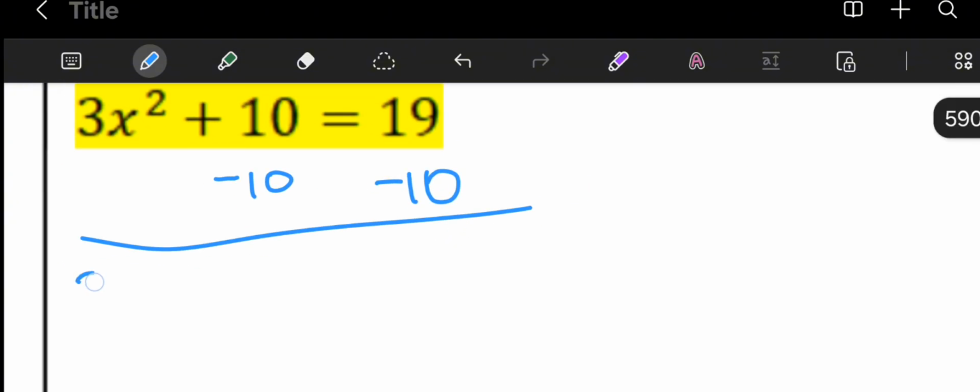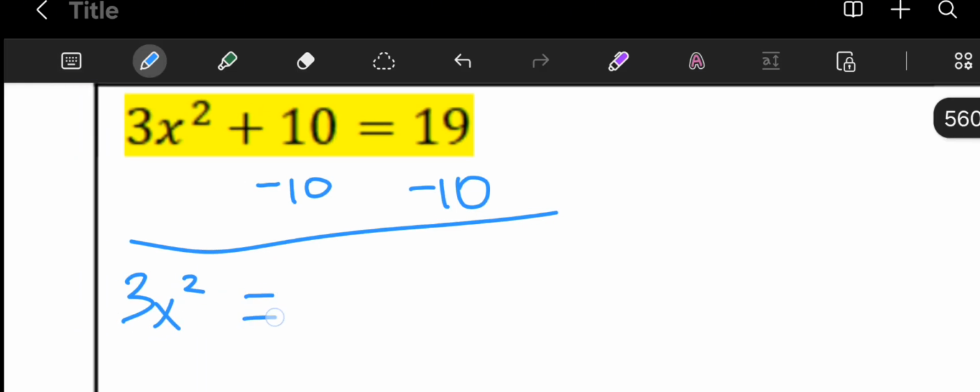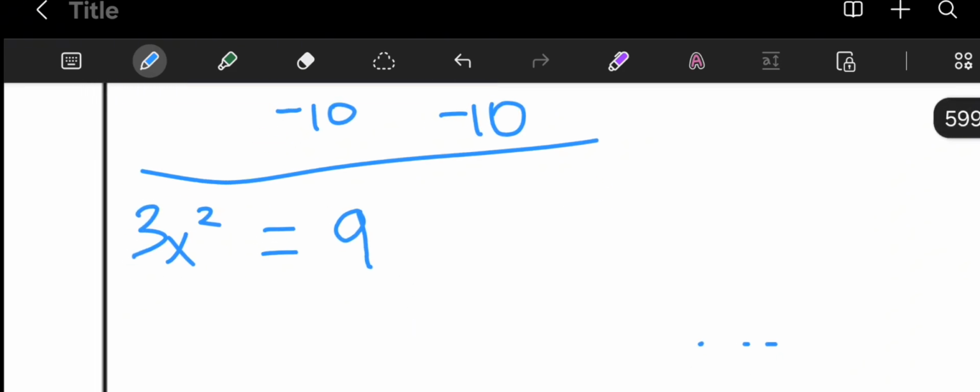That's gonna leave us with 3x squared plus nothing, because we got rid of that 10, is equal to 9.